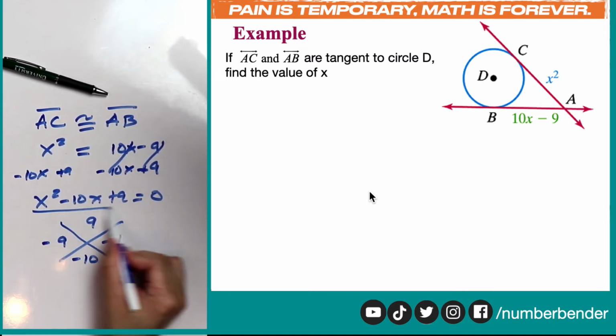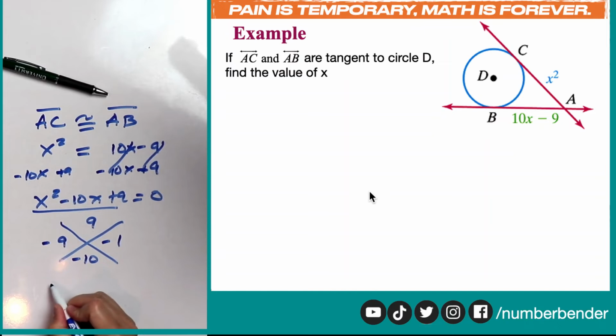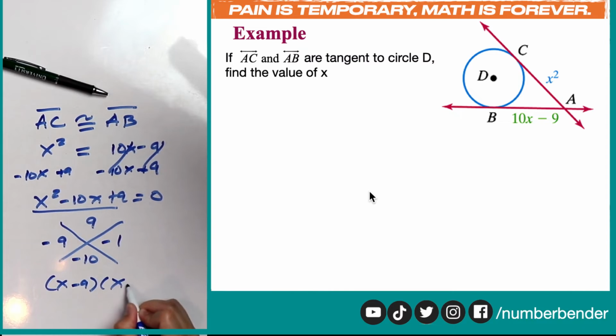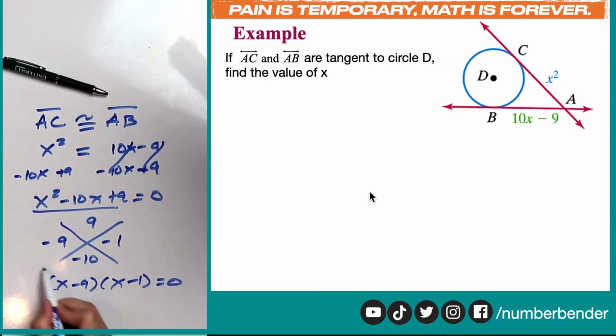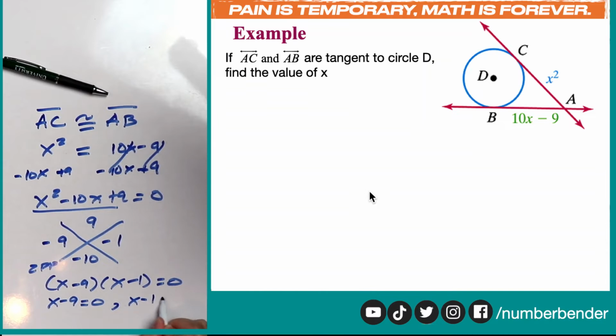So that means this quadratic equation can be modified into x minus 9 times x minus 1 equal to 0. And using the zero product property, we can equate x minus 9 to 0 and x minus 1 equal to 0. So we can solve for x, which is equal to 9, and x is equal to 1.